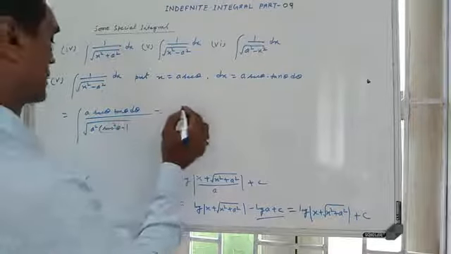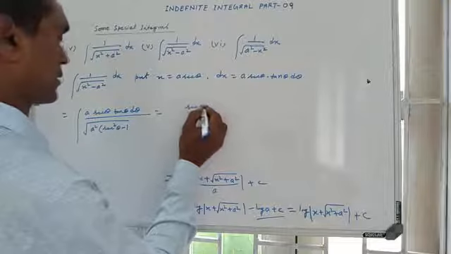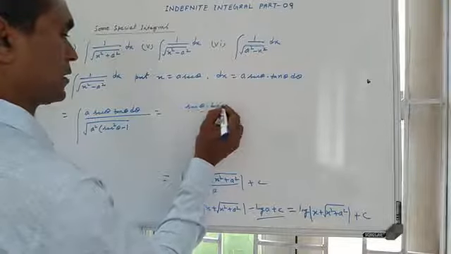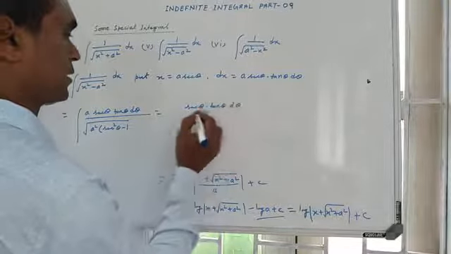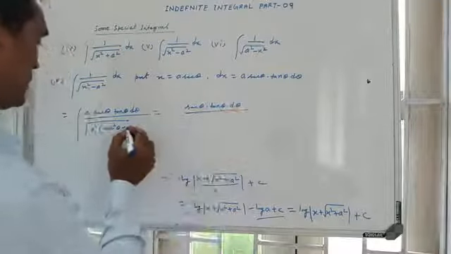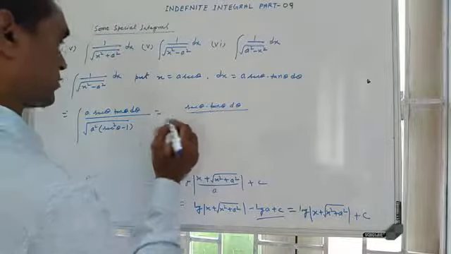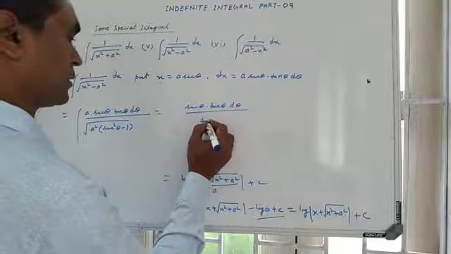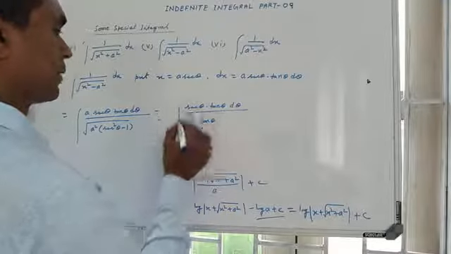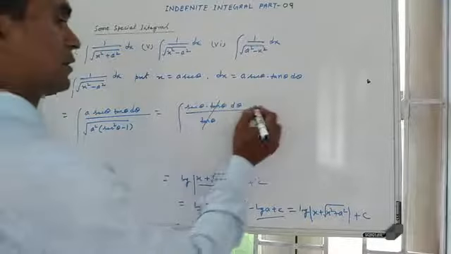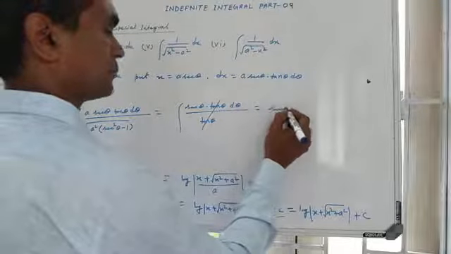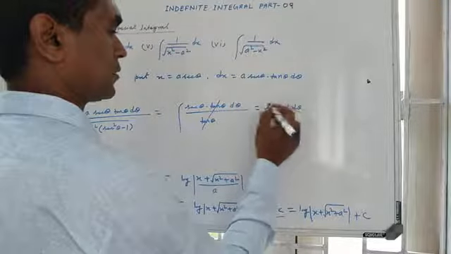So a will cancel, then sec theta tan theta d theta by root of tan square theta. So it will be tan theta, and this will cancel, leaving sec theta d theta.